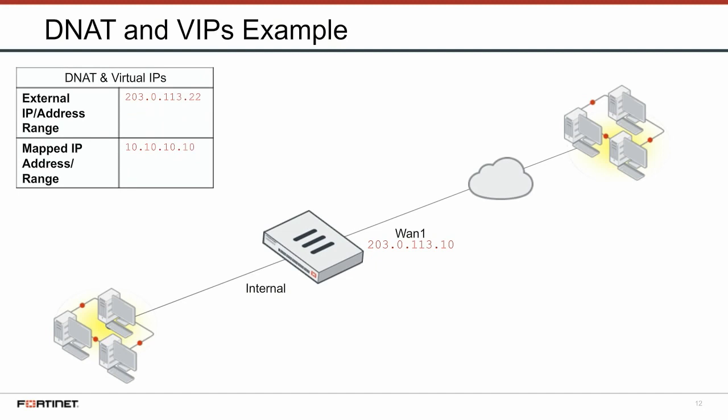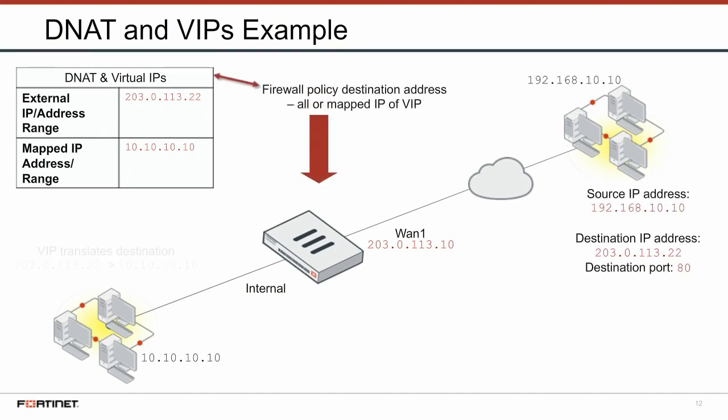In the example shown on this slide, a DNAT and VIP rule is created to map external IP address 203.0.113.22 to internal IP address 10.10.10.10. Remember, as soon as a VIP is created, a rule is created in the kernel to allow DNAT to occur. The firewall policy from WAN 1 to internal is created with the destination address all or mapped IP address/range 10.10.10.10 of the VIP.